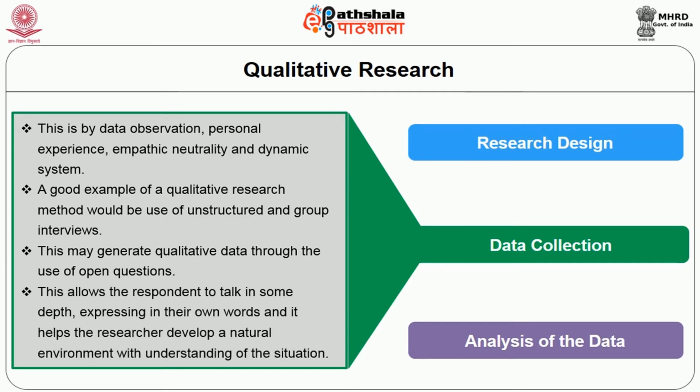This allows the respondent to talk in some depth, expressing in their own words. This helps the researcher develop a natural environment with understanding of the situation. However, it can be time consuming to conduct the unstructured interview and analyze the qualitative data.